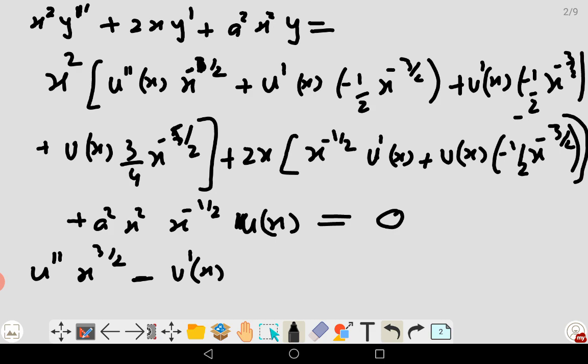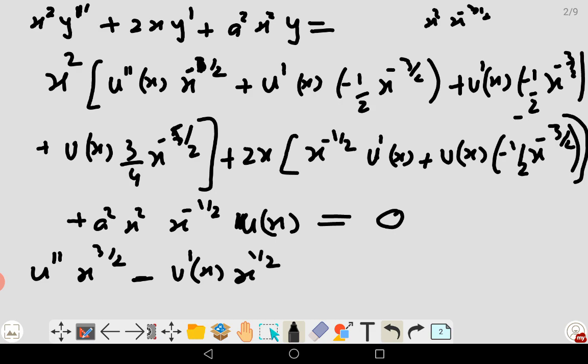into x square. What is it? X square into x power minus 3 by 2. What do you get? 4 minus 3 by 2, this is minus 3, 4 minus 3 is 1 by 2, x power 1 by 2.